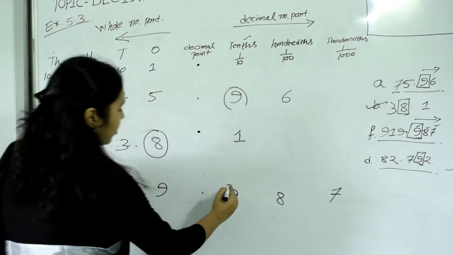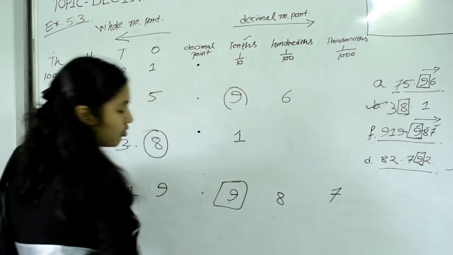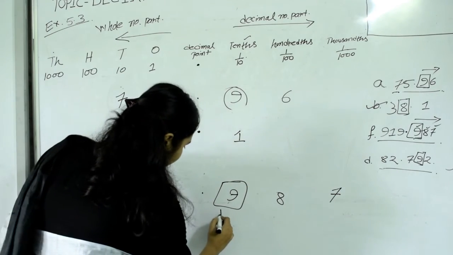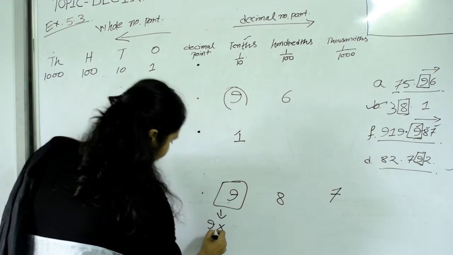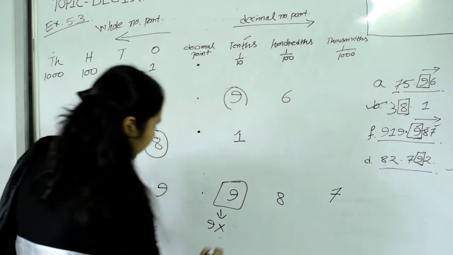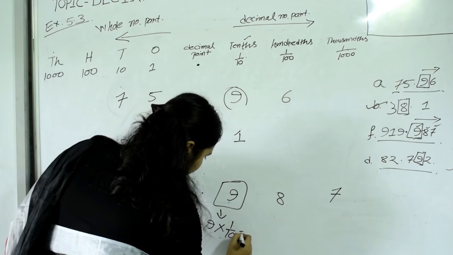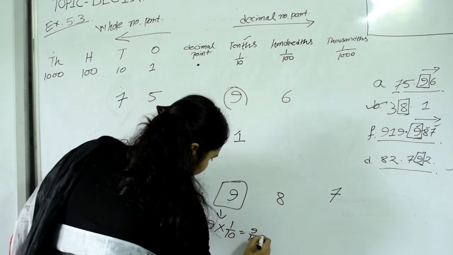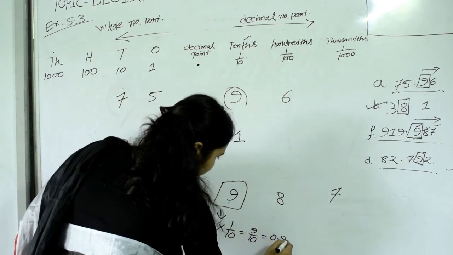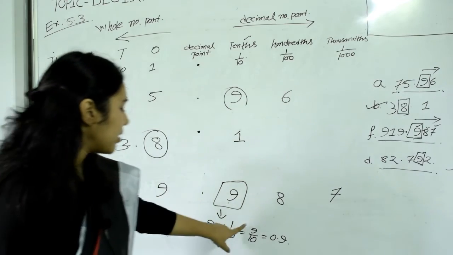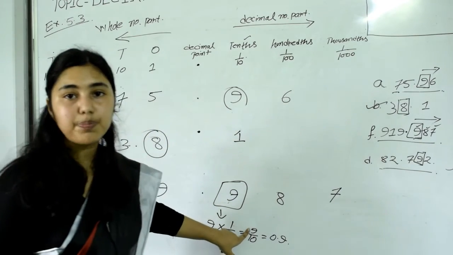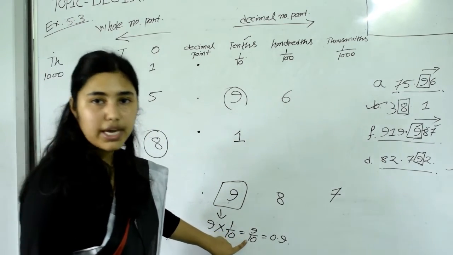So now tell me the place value of 9. So place value of 9 is 9 into 1 by 10, which is again 9 by 10, and this is equal to 0.9.